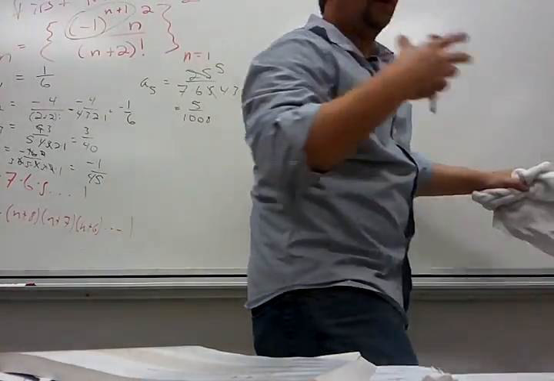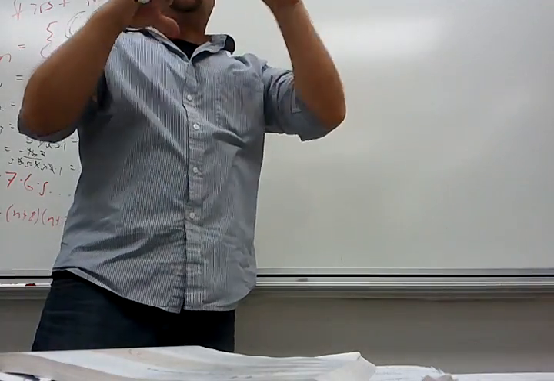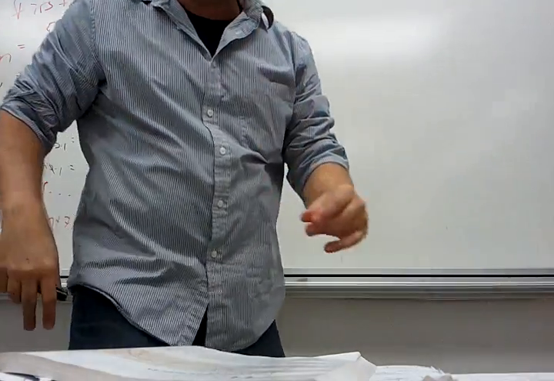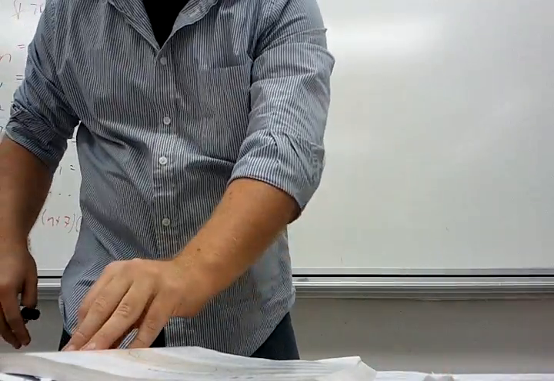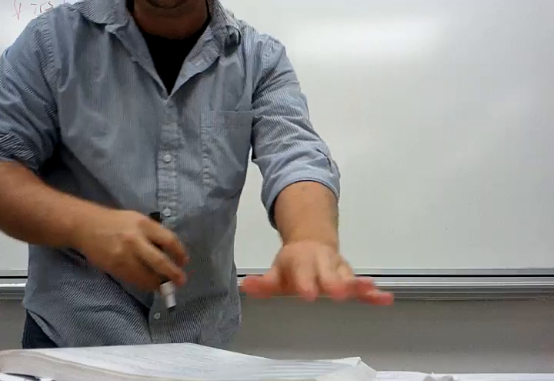So here's where things get a little bit more difficult. We're not going to get really deep into this, but I need you to know how to do something like this. Let's start off nice.